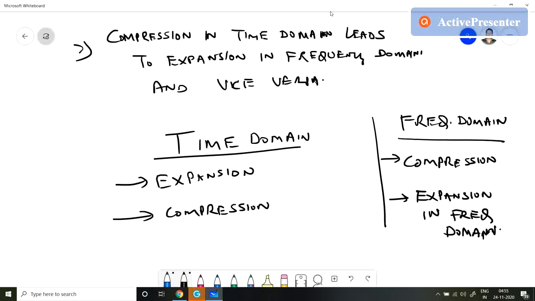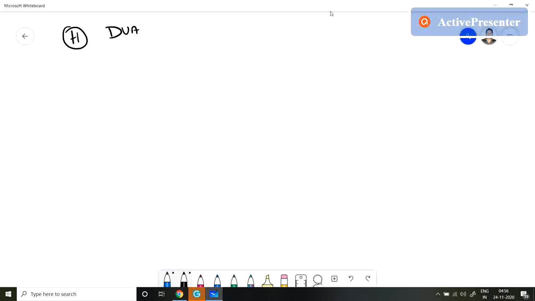So this is a very important property. Let us see the next property, that is called the duality property. According to this property, if we have a Fourier transform, let us first consider the continuous time case.